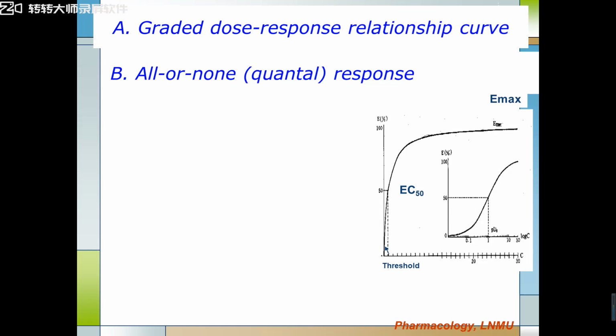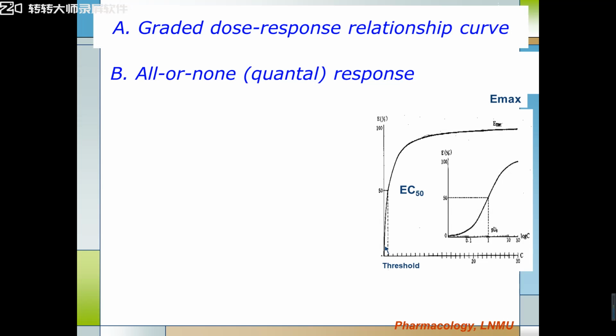Usually a log concentration-pharmacological effect curve is used. For example, gradually increasing contraction of guinea pig ileum is induced by gradually increasing the dose of histamine.